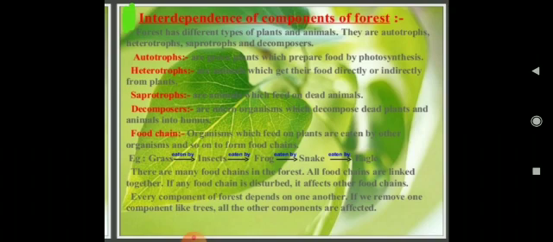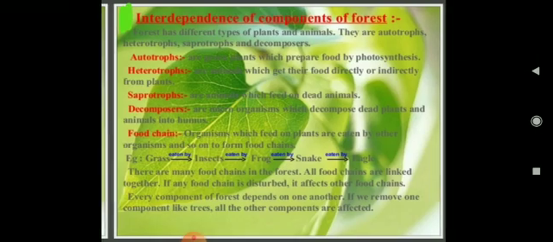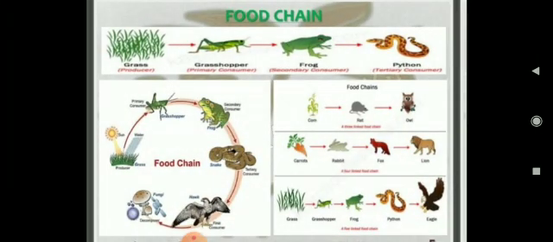Every component of the forest depends on one another, and if we remove one component like trees, all the other components are affected, right? Here you can see the food chain image, showing the different food chains. In the first one you can see grass, grasshopper, then frog, then python, right?